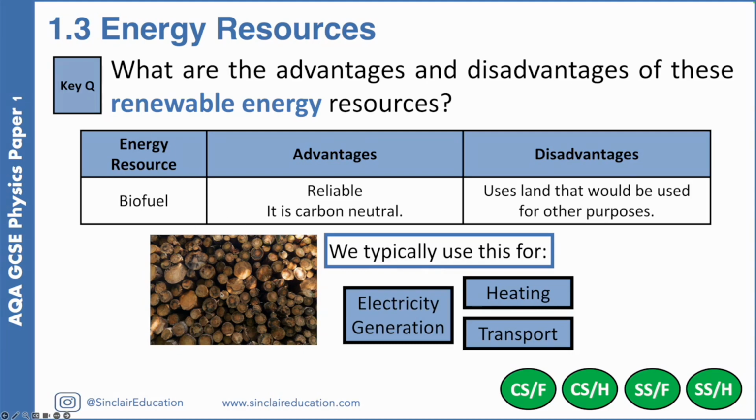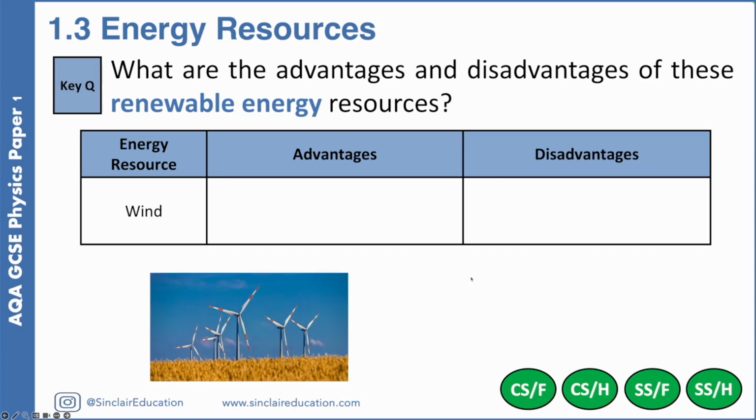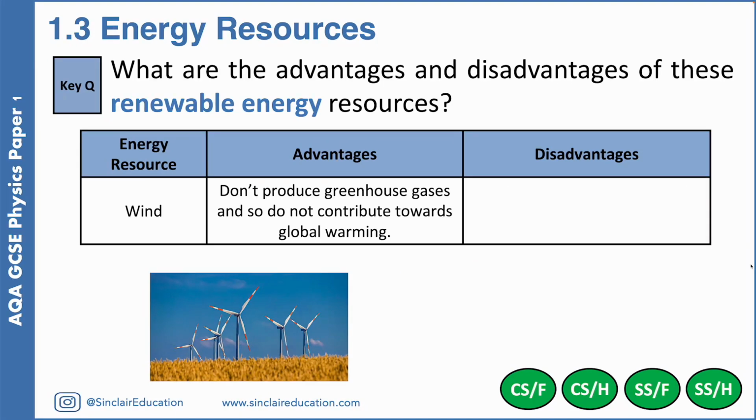There's some oils, for example, that some cars have been built to use. We also have wind. So this is now where we've got the kinetic energy from the particles in the air causing movement in the turbine. The advantages of renewable energy is that it doesn't produce greenhouse gases, and so it's not going to contribute towards global warming. However, the problems are that it's actually unreliable. And so, for example, when there's no wind, it's just not going to work. And there's also an issue of visual pollution.